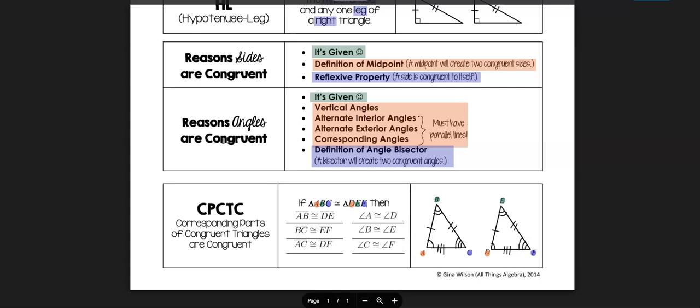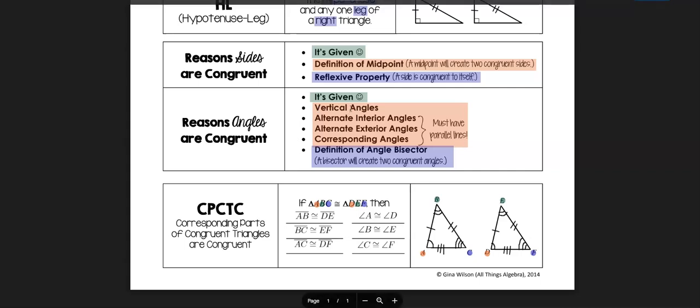Okay, so now we have a list of reasons angles are congruent. Now you can see there's a lot more reasons, but that's because we have these four angle relationships we can use. So of course we can be told that angles are congruent. And of course we can do a bisector, definition of angle bisector. A bisector creates two congruent angles. If we're told that a segment is a bisector of a line segment, we can also use that.